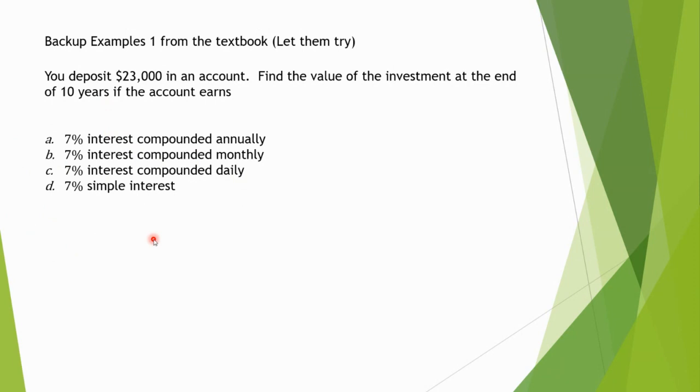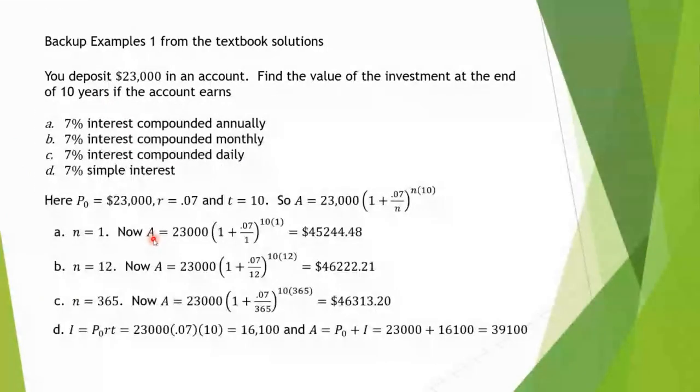Let me just go through them. Again, in either case, P sub 0 is the principal, the initial amount, so we get $23,000. That's how much is going into the account.